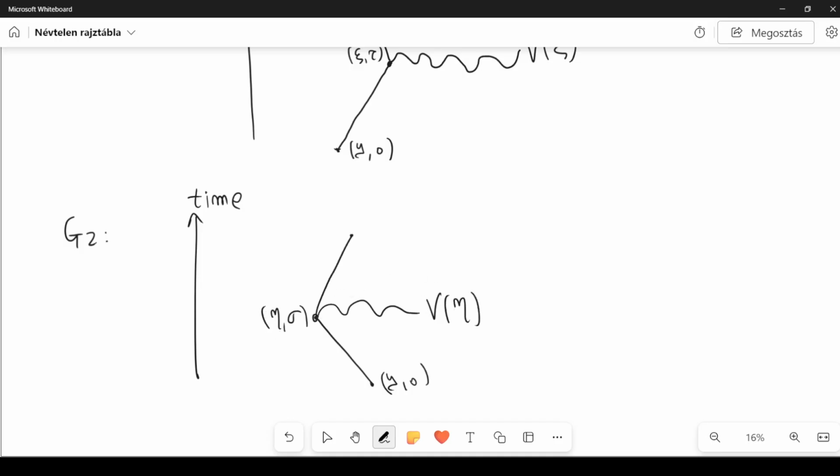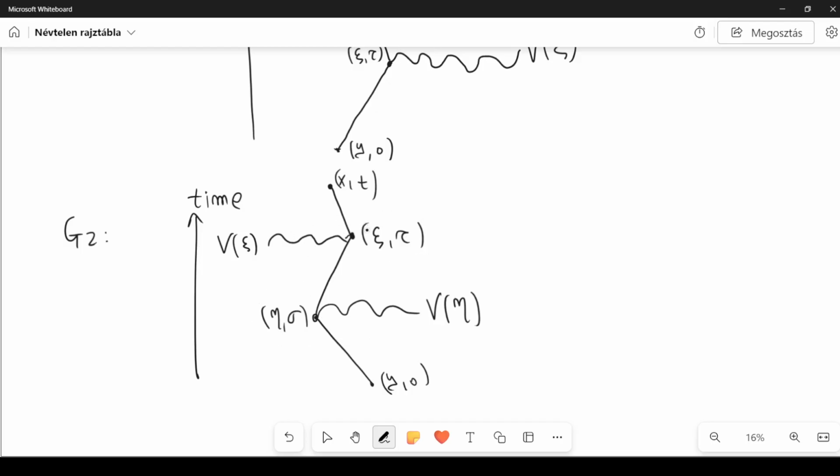Then you have a free propagation until we reach the point xi, tau. So here we have an interaction with the potential V of xi. And finally, we have a final propagation until we reach the point x, t. So here we have two interactions that occur at these intermediate points.